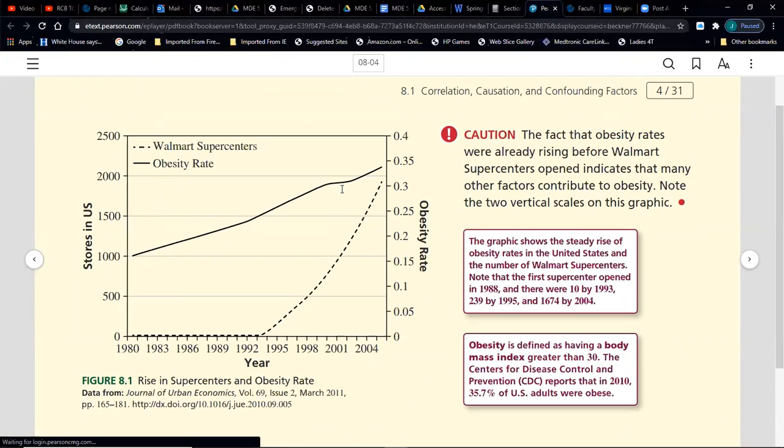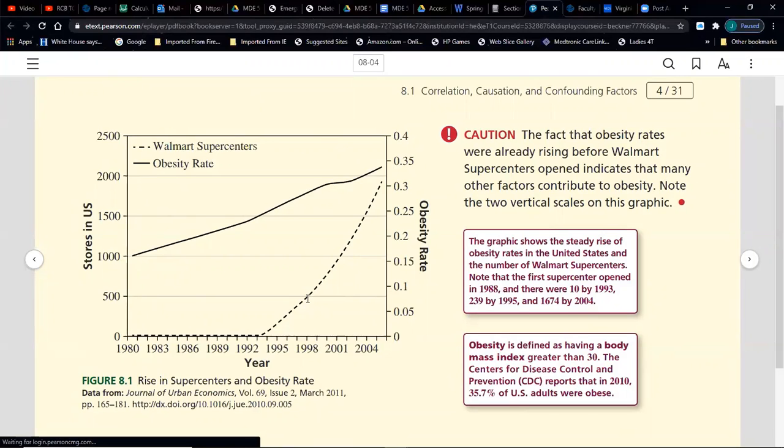So just charting a number of apples, or just charting an obesity rate, or just charting percentages, or just charting a total number of people, something like that. We are charting with the dotted line, slash curve, slash whatever you want to call that, because it's kind of like two different bits. This is the number of Walmart supercenters, and these are tracked on the left side.